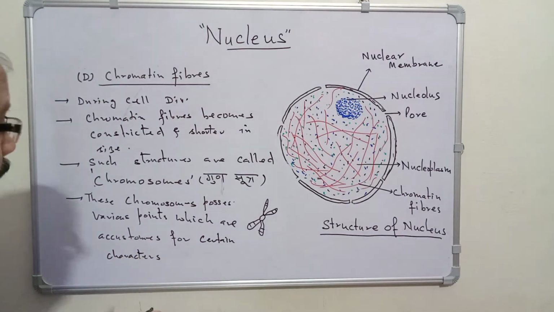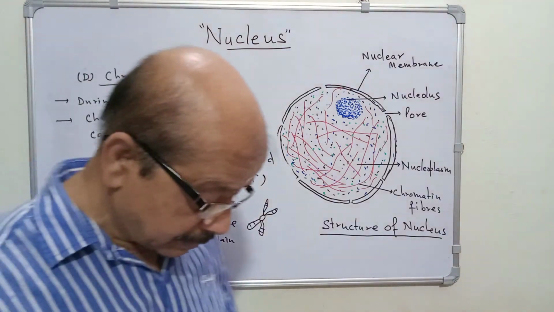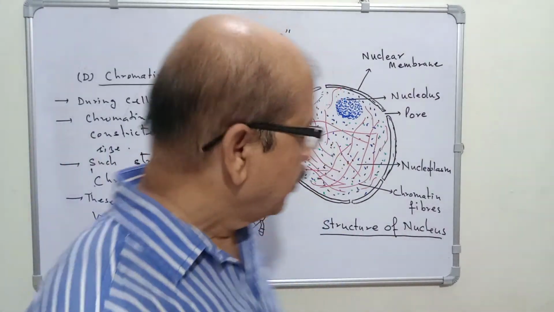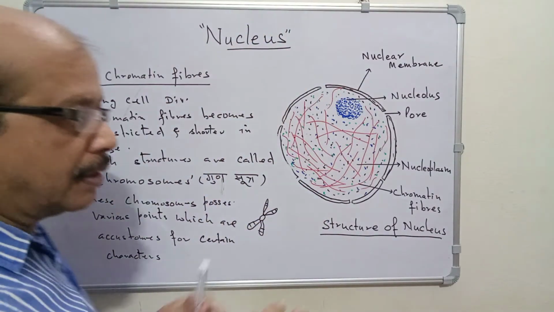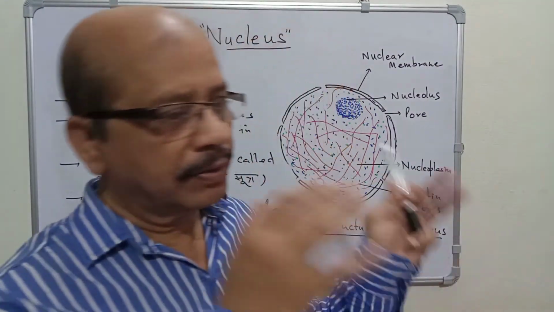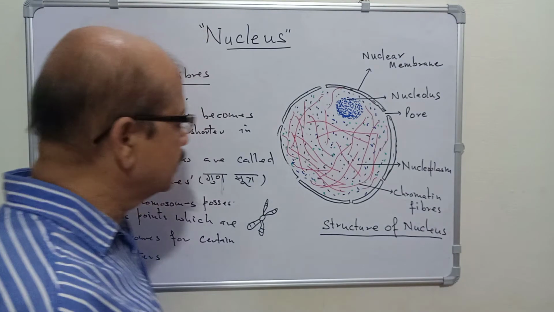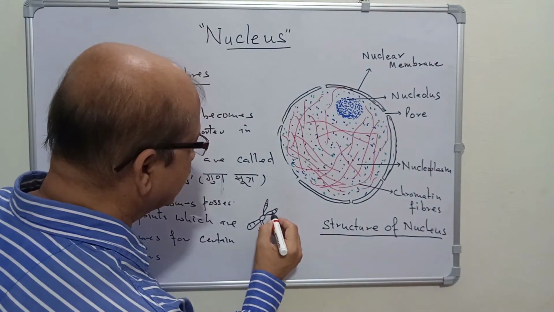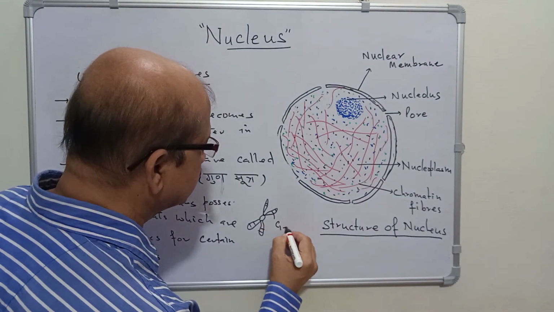And what do you mean by accustomed to certain characters? There are various points which are responsible for transferring various characters from one generation to another generation. These points are known as genes.